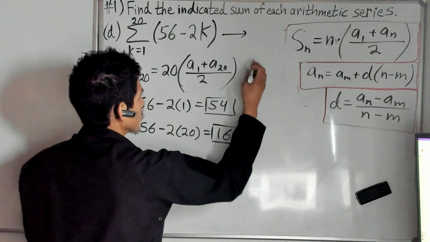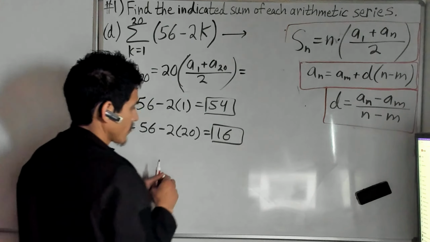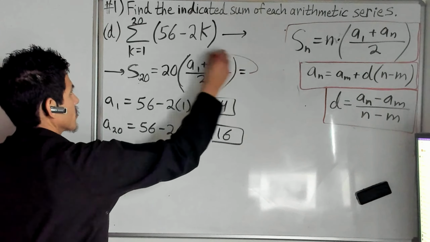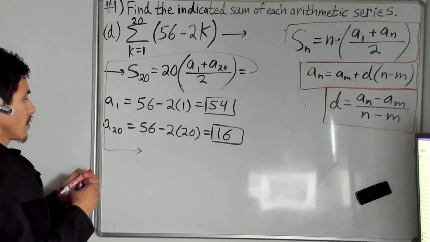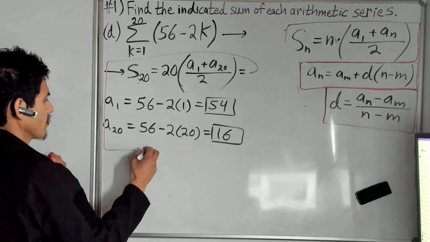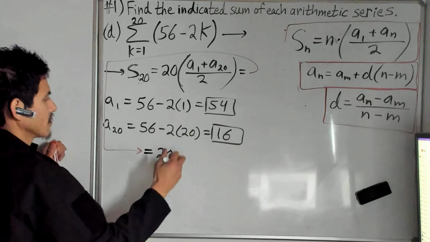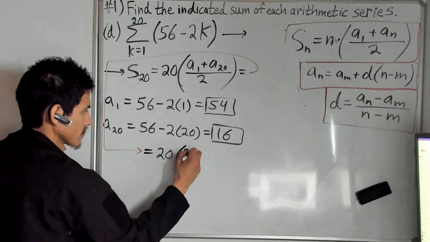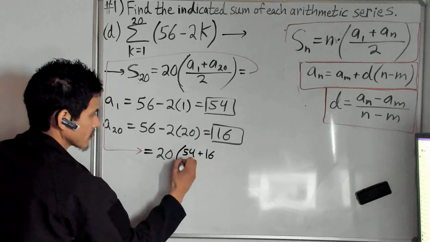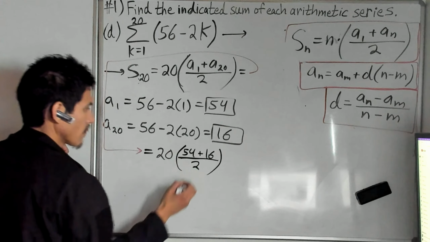So then this will just be, and let me just, I don't want to squeeze it again. I need to work on my spacing. 20 times 54 plus 16 over 2.